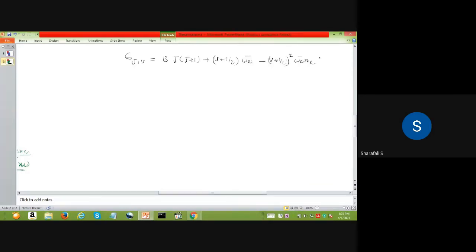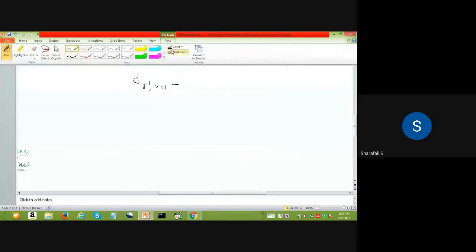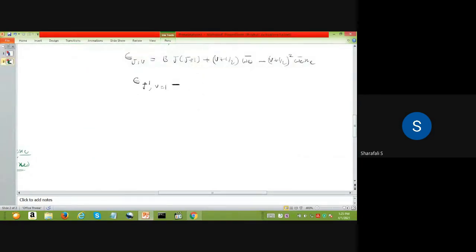omega E bar. Now, if you take the difference between two energy levels, for example delta epsilon, in this case we have epsilon J dash comma V equal to 1, minus that is the energy level difference between those energy states, and the second case will be epsilon J double dash, that is the rotational energy level, comma V equal to 0.